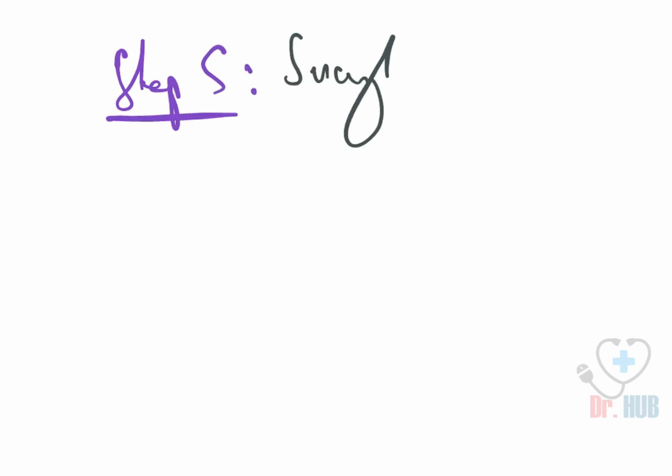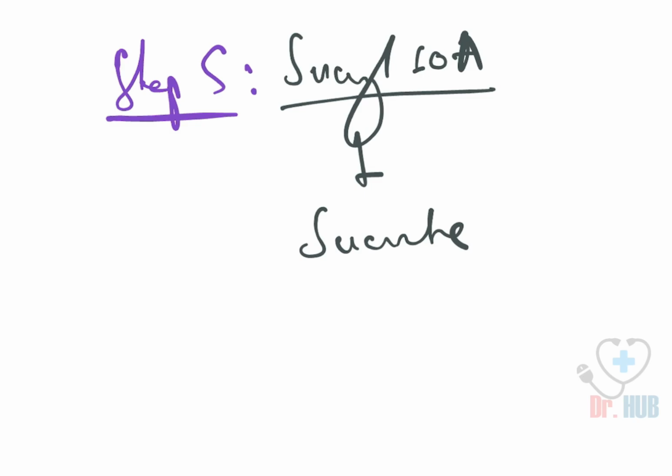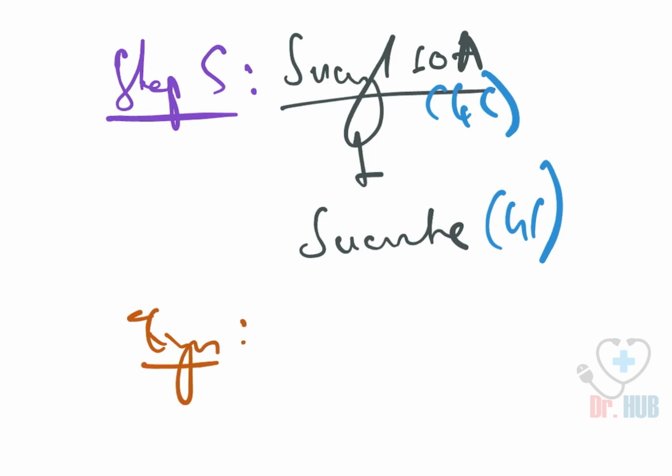Then we move on to step 5. In step 5, succinyl CoA is being converted to succinate. Here 4C is being converted to 4C, and the enzyme here is succinate thiokinase.